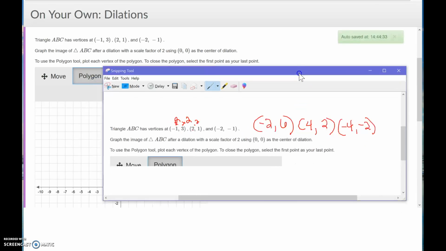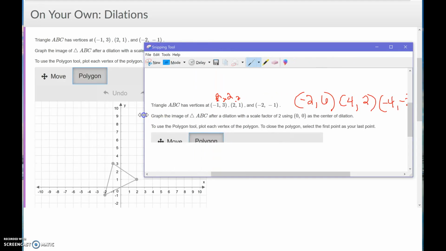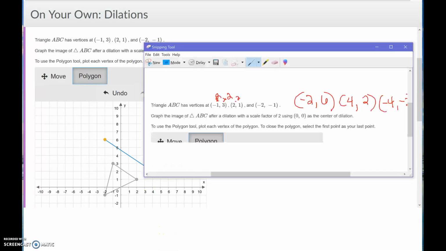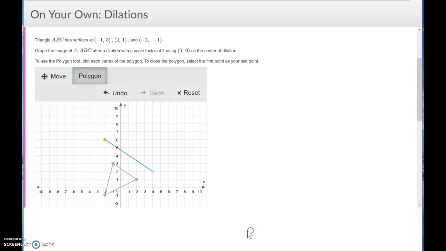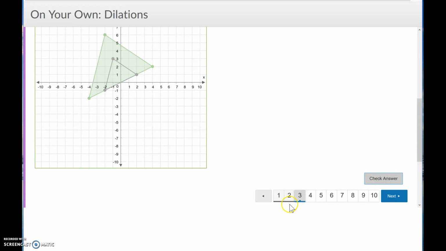So those are our new coordinates: negative 2, 6; 4, 2; and negative 4, negative 2. That's our new triangle.